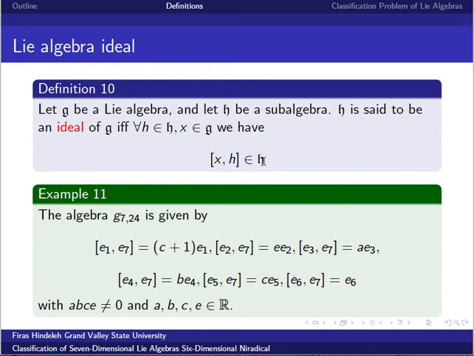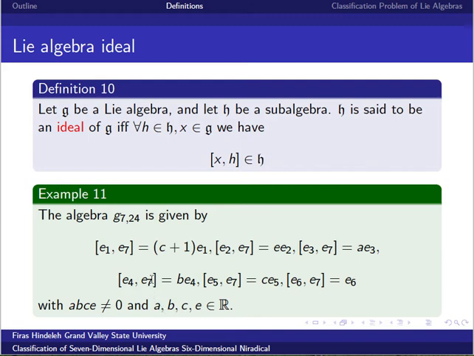If you look at the non-zero brackets here, all the non-zero brackets involve, on the right-hand side, E1, E2, E3, E4, E5, E6, and all the non-zero brackets must involve E7 on the left-hand side.